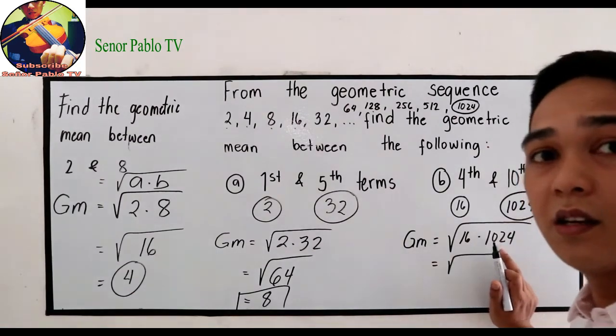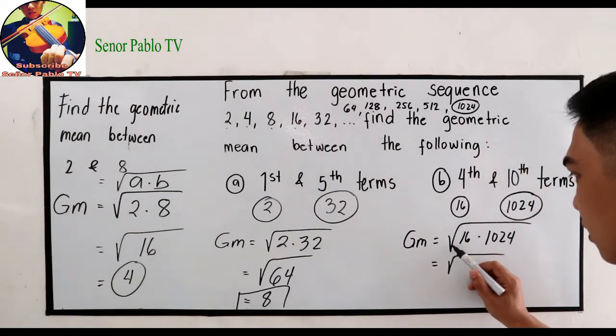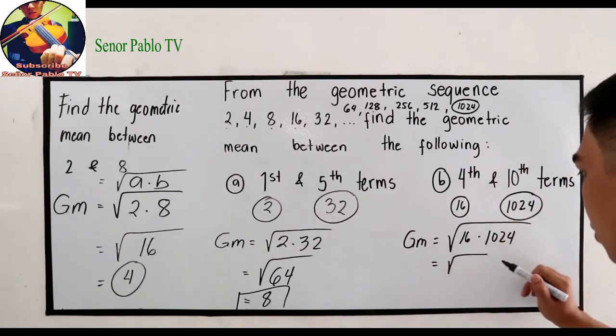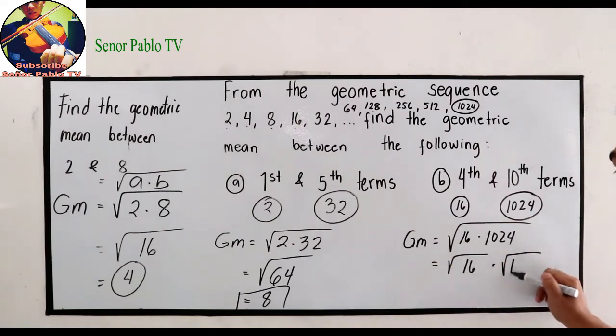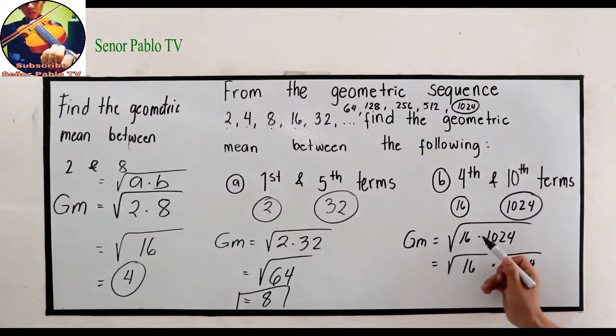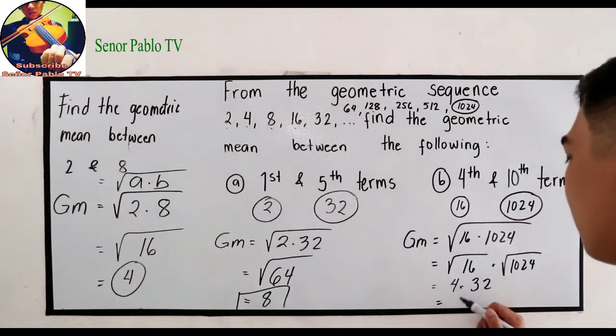Ganun din si 1,024. So, kunin na natin yung square root nito, pwede natin yung isulat na square root of 16 times square root of 1,024. Square root of 16 is 4 times square root of 1,024 is 32. So, final answer natin, 4 times 32, that is 128.